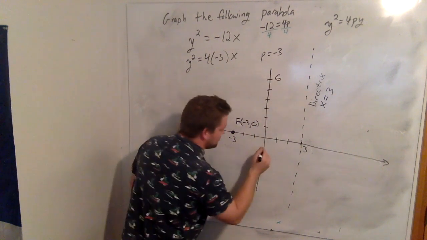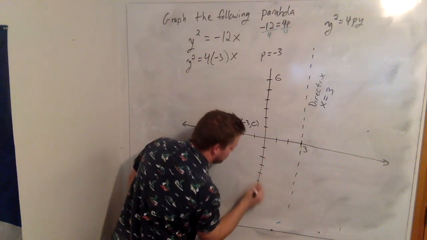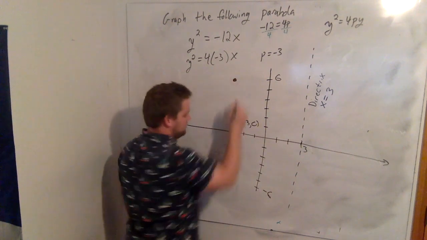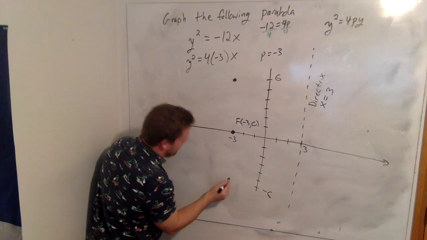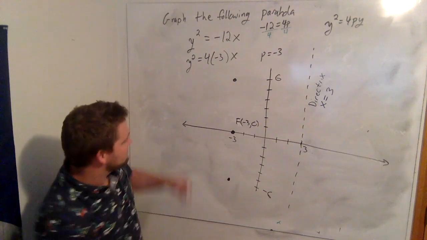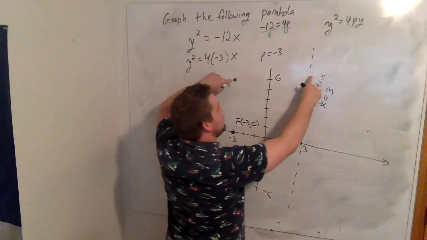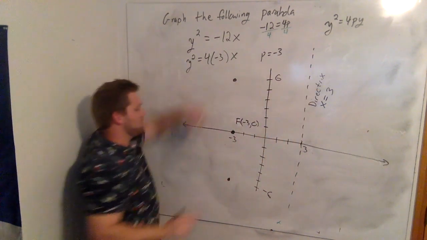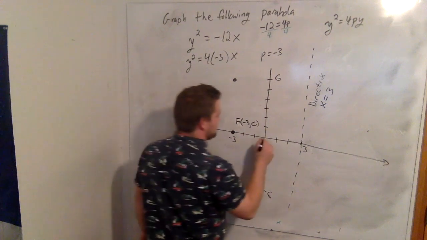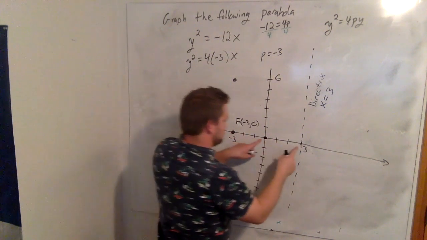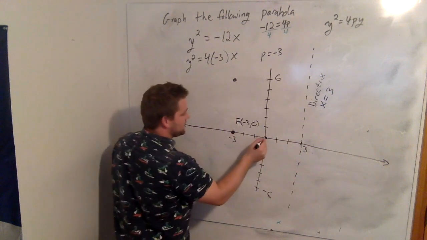Here's 6, and here's negative 6. These 2 points will be on our shape, because the distance from the focus to each of them is 6, and the distance from the directrix is also 6. This point will also be on our parabola, since this distance is 3 and this distance is also 3.